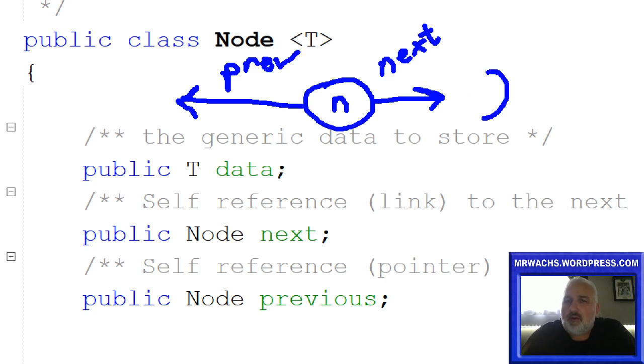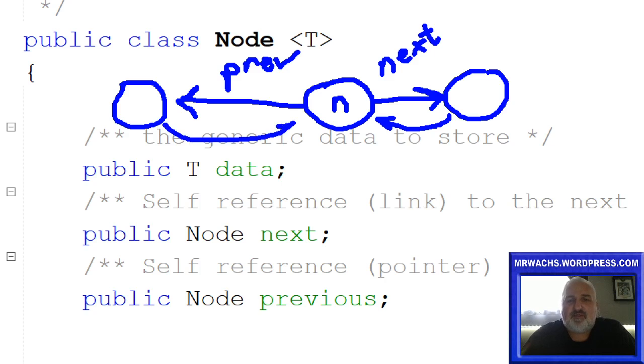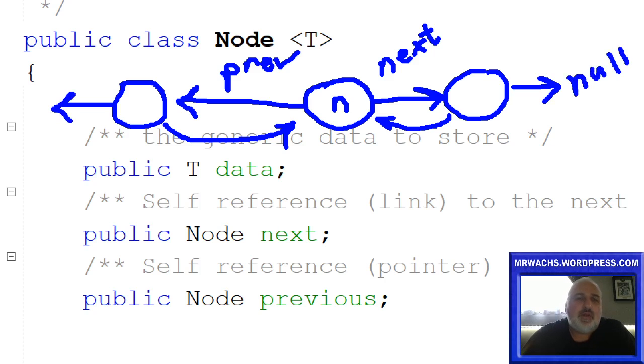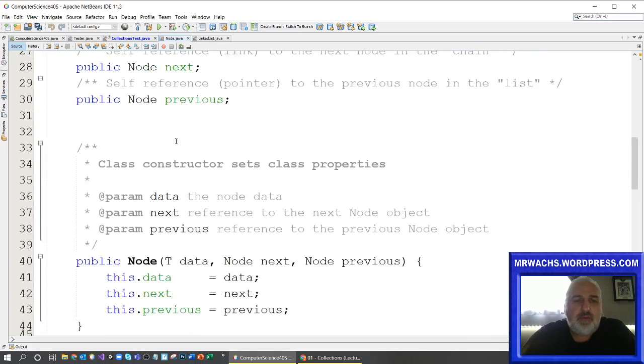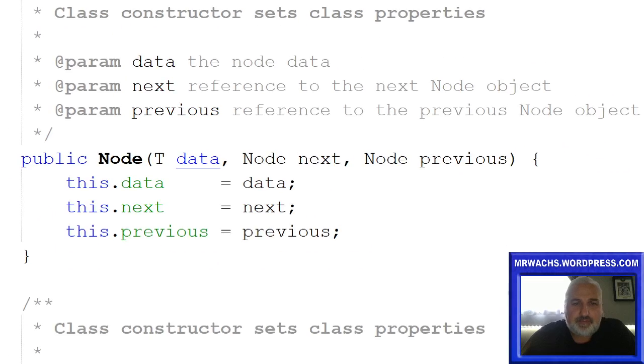And if that is another node, then we're going to have linking back and forth, right? And that's the idea. It's creating a chaining effect from one node linking to the next. When we eventually get to the end, whether it's on this side or on this side, it's going to link to null, which indicates that that's the end of the list. So the node is used eventually by the linked list to create this chaining or linking effect from one node to the next.